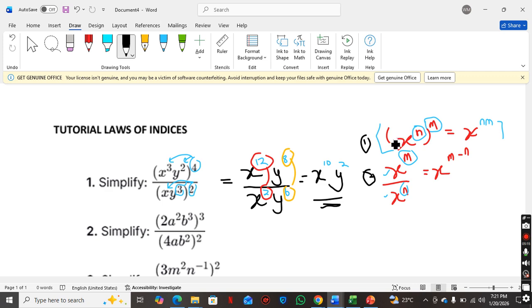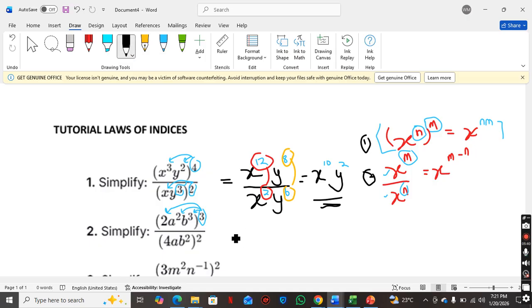Example 2, the same thing. We're going to apply both of these laws here. This 3, we're going to multiply it to this 2. This 2 is 2 to the power 1. We're going to multiply it with this 2 for the base of a, and I'm going to multiply it by this 3 here.